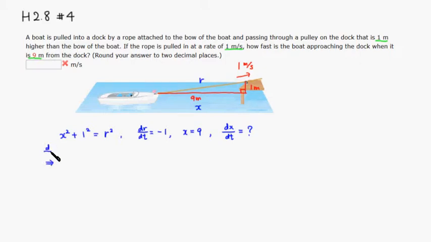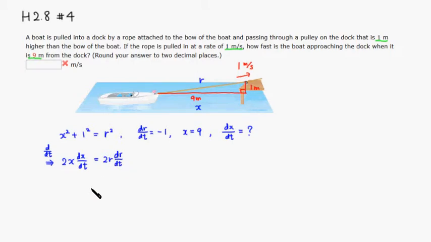The derivative of x squared is 2x, then you multiply by dx over dt, which is what we're looking for. The derivative of 1 squared is 0 since it's a constant. This is equal to the derivative of r squared, which is 2r, multiplied by dr over dt, because r is a function of t.